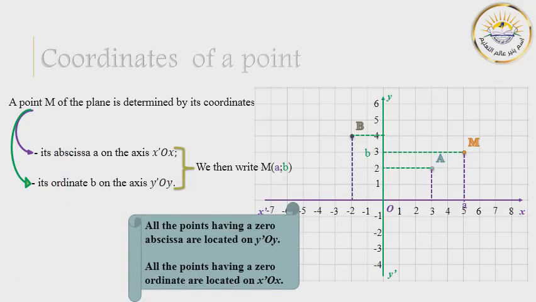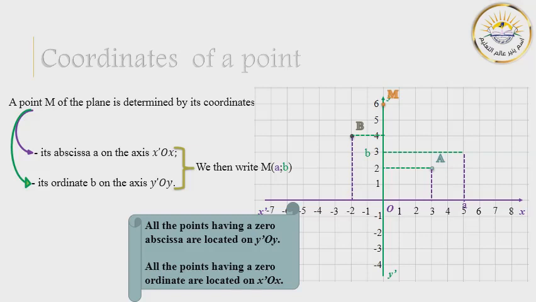All the points having a 0 abscissa are located on the y prime OY, of course, and all the points having a 0 ordinate are located on x prime OX, and this is a rule that you must memorize. For example, M, as you see here, has 0 as abscissa.